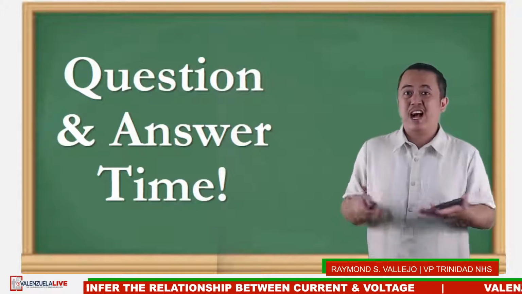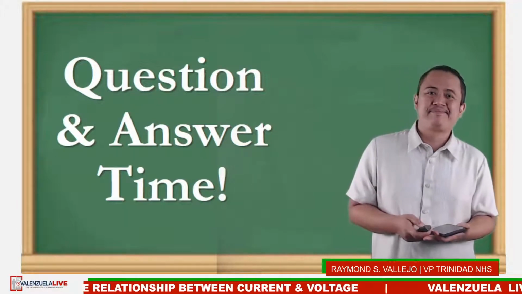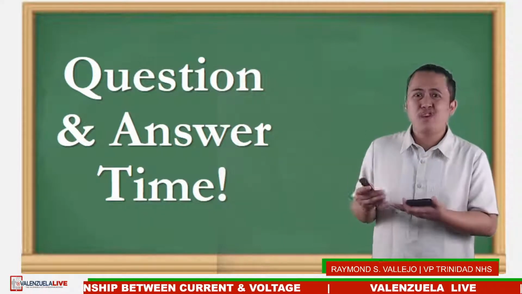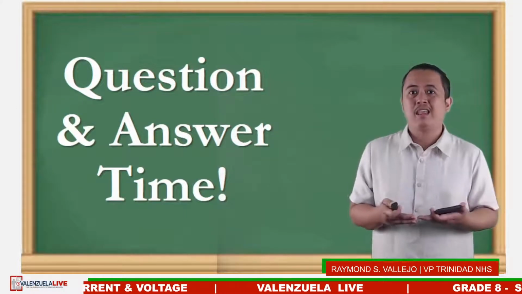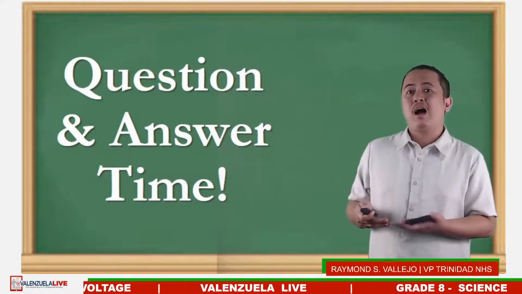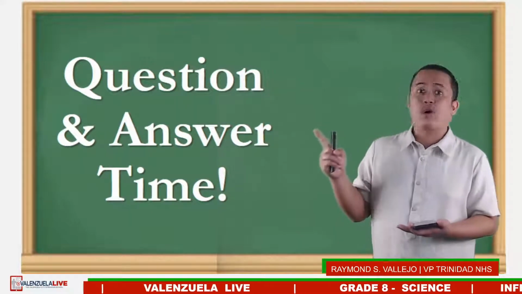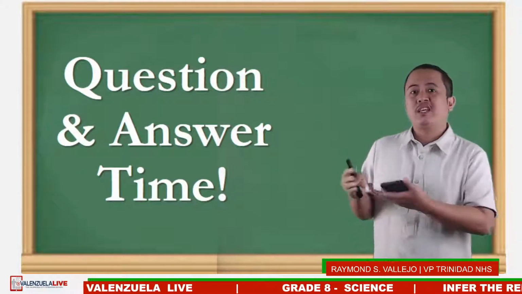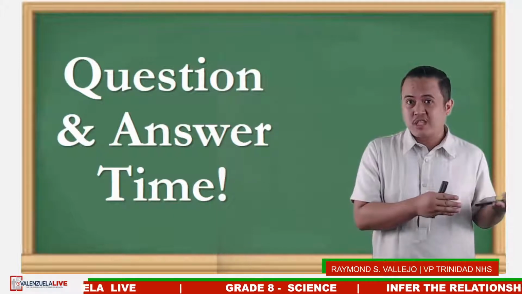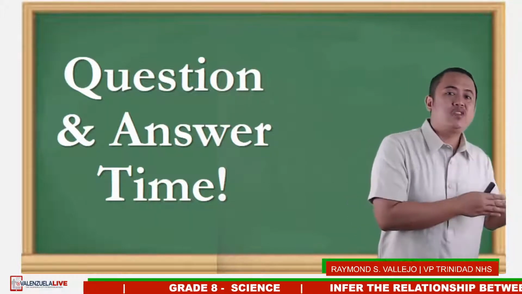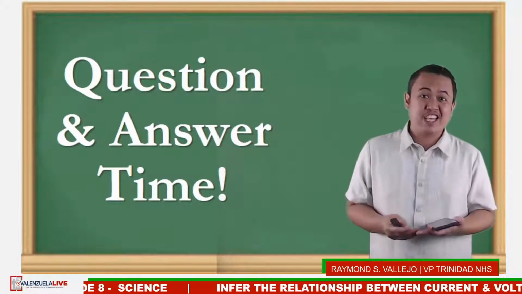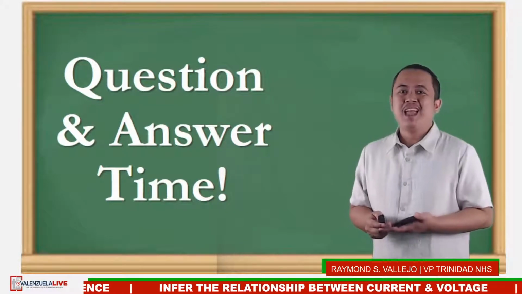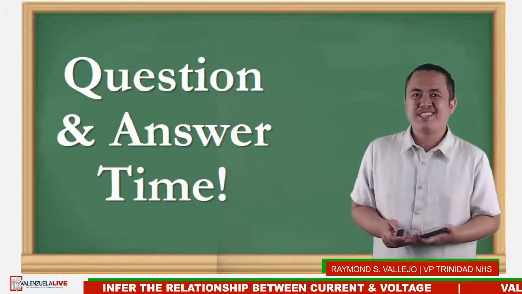And there are several other factors aside from that. This is the reason why we are using convention. A while ago, I said that there are two types of convention. One is the conventional current flow, which describes the flow of positive charges. And we also have the electron current flow, which describes the flow of negative charges. I hope I have answered your question.